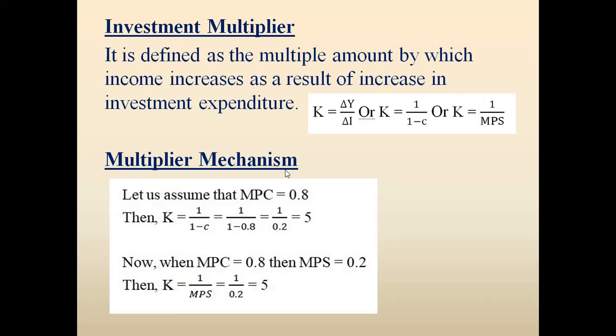Let us suppose income is 1 rupee. Out of 1 rupee, 0.8 rupee will be consumed. The remaining part will be 0.2. Then your multiplier will be 5. That means for every 1 rupee invested by the firm, it will generate an income of 5 rupees.